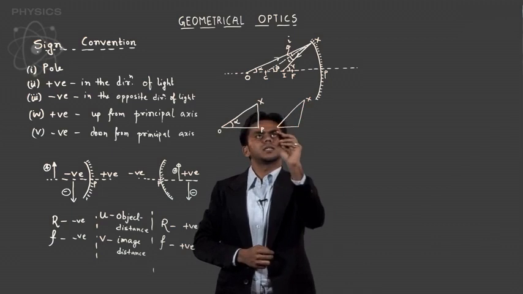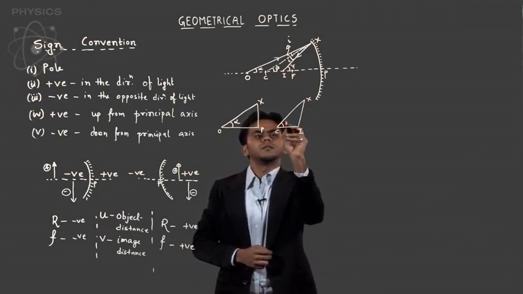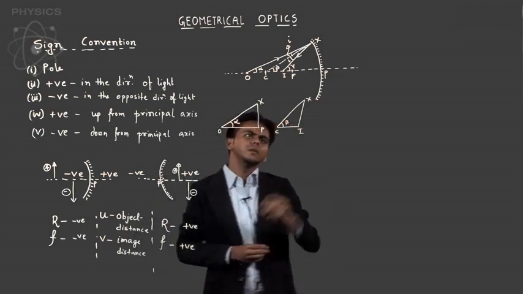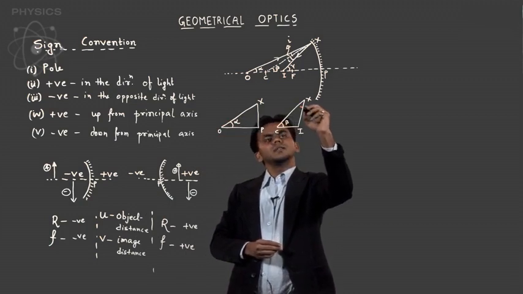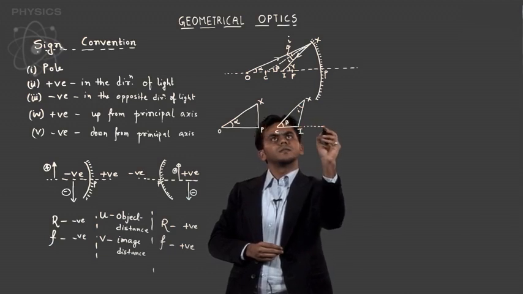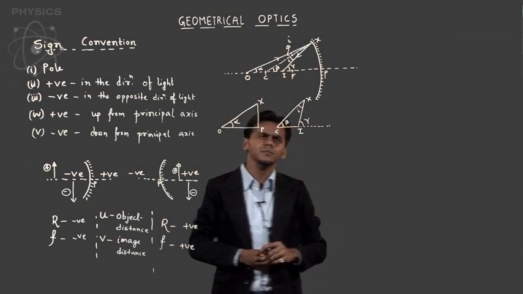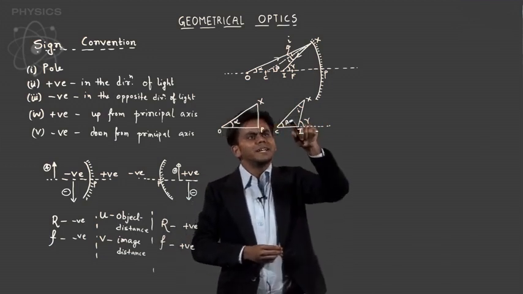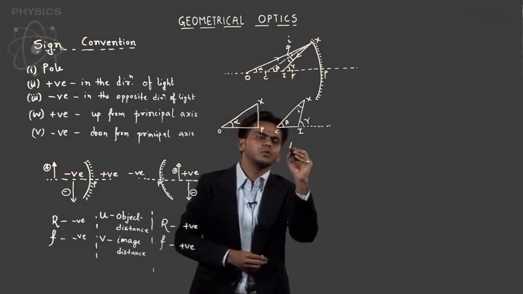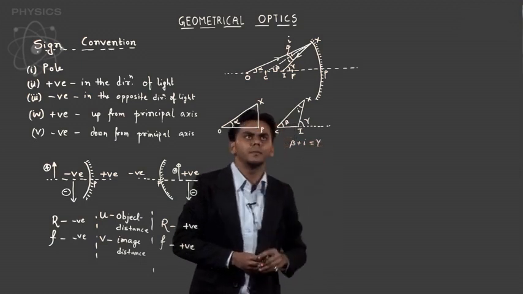This is your X, this is your C, this is your I, this is your beta, and this angle is equal to I. And this angle is gamma. So in this situation, beta plus I has to be gamma, property of a triangle. So beta plus I would be gamma.